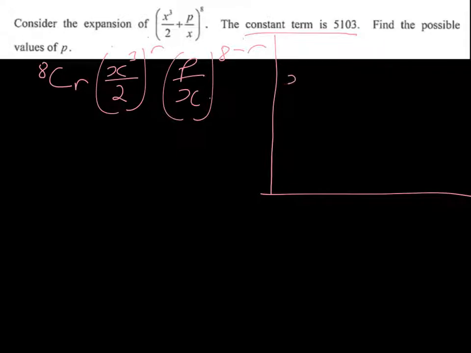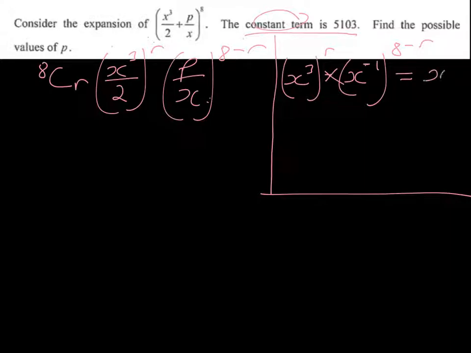So I would have x cubed to the power r, multiplied by the x term, which, because it's on the denominator, is actually x to the negative 1, all to the power of 8 minus r. And I know that because the constant term is x to the 0.